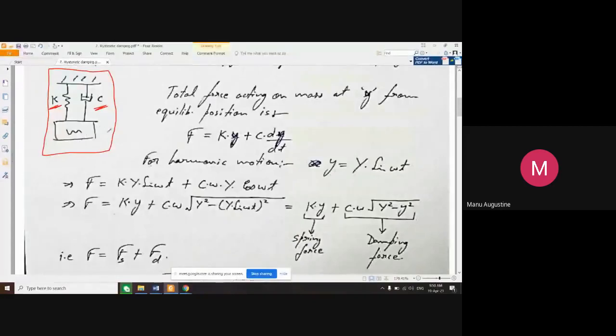Now let us say total force acting on mass at Y. Now you see, once again we have to go through all the exercises of drawing the free body diagram, taking a random position and all.